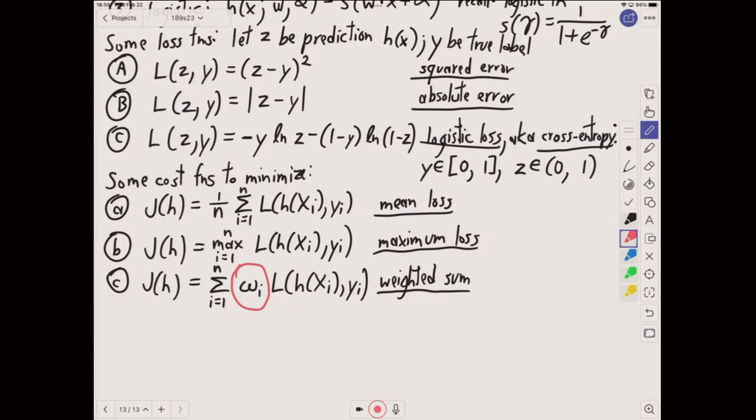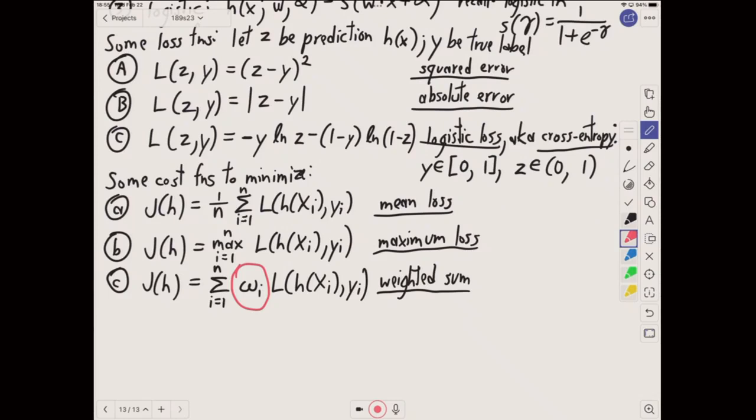There are these omega weights, and what these omega weights do is they say some points are more important than others. So if I make omega i big, that means I really want to make sure the error or the loss on point xi is not too big. If I make omega i small, it means this point isn't so important to optimize.